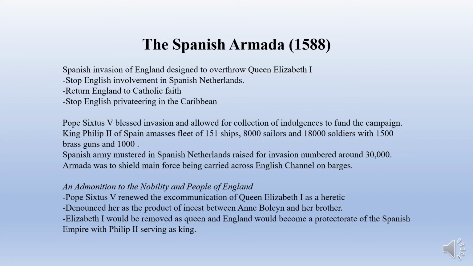Philip II of Spain will have a fleet of 151 ships, 8,000 sailors, 18,000 soldiers, with 1,500 brass guns and 1,000 horses. And they all meet up in the Spanish Netherlands.